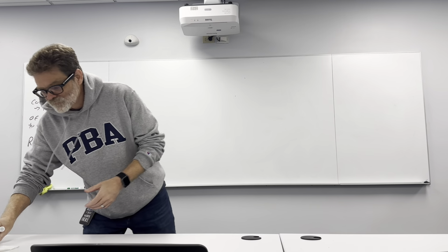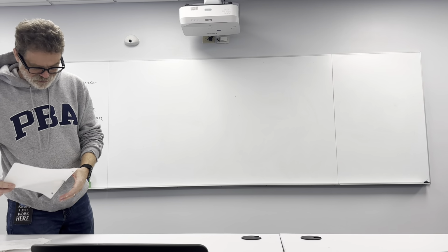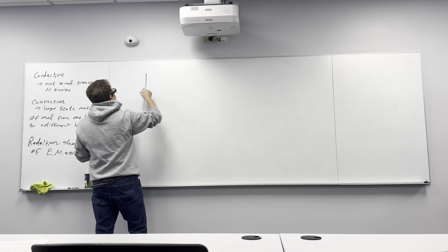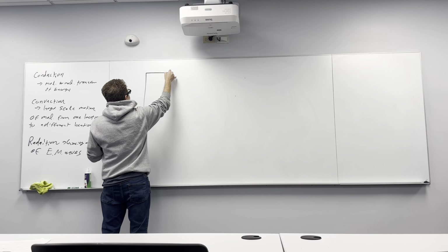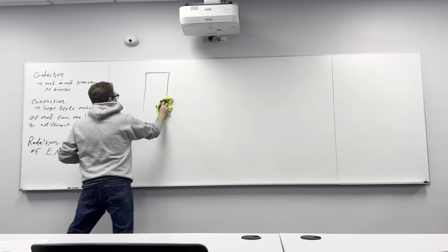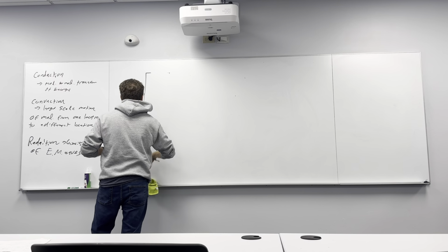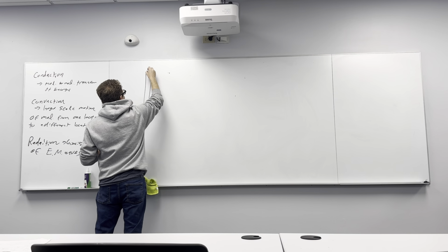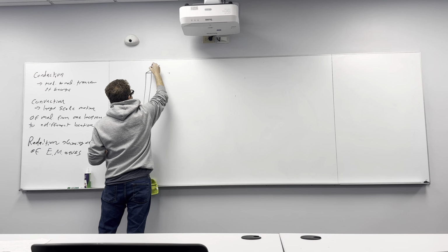Notes. Okay, here we go. So conduction. Let's imagine we have a material. Oh, wait, that's too big a material. Make it skinny. That's better. Like that. I'm trying to draw in 3 dimensions here.